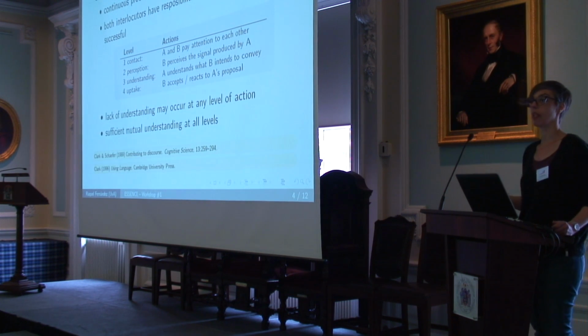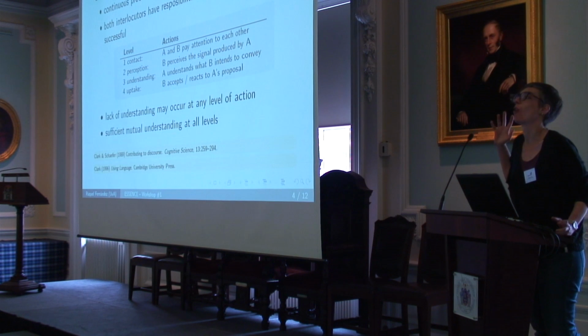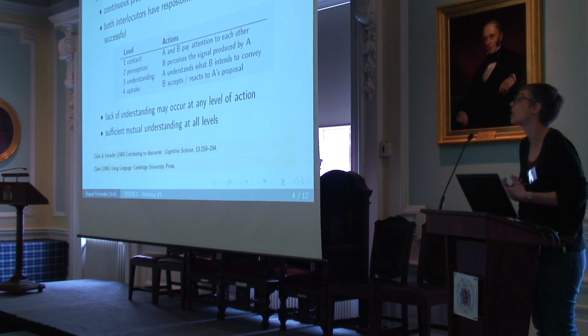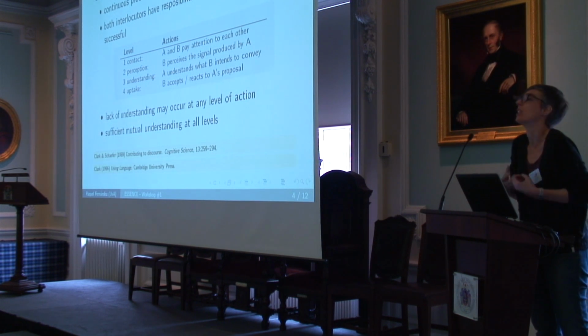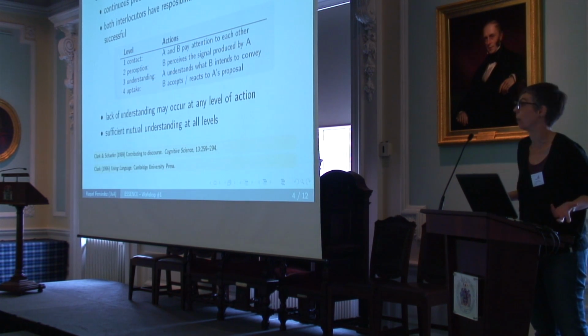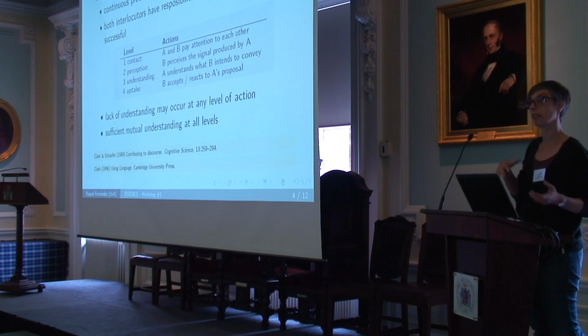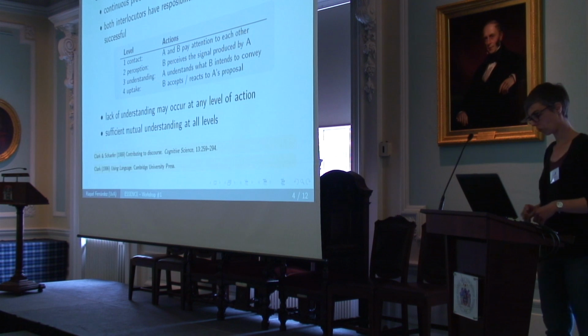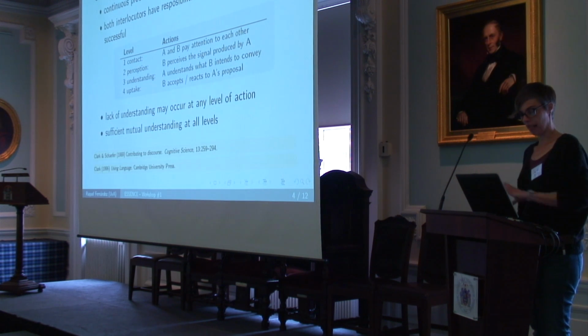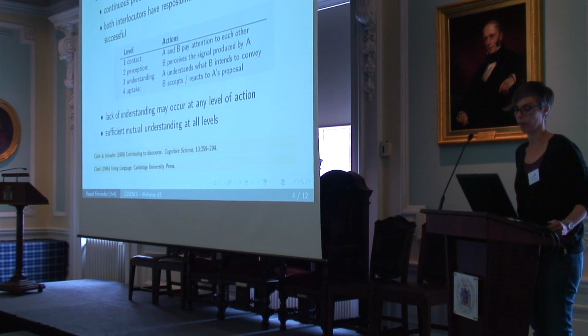The goal is to achieve sufficient understanding at all of these levels. What counts as sufficient depends on the particular task at hand, or what is important for that conversation, but what matters is that sufficiency is reached at all levels. So this is the general model put forward by Clark and colleagues.